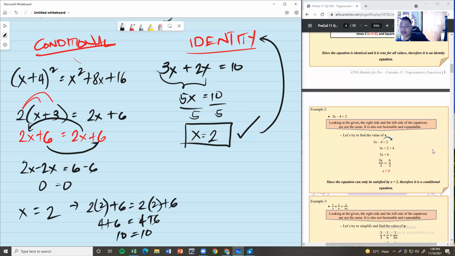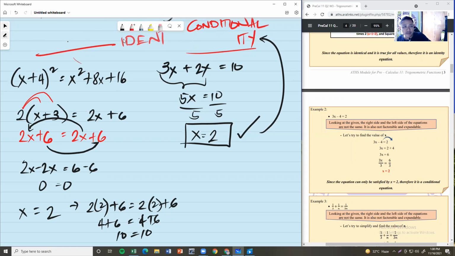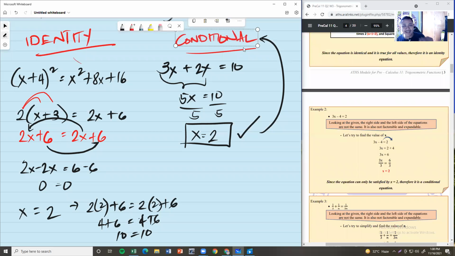Sorry, it was the other way around. Thank you for that correction. Let's reverse it. This one is conditional because there is only one value. And this is identity because both sides are exactly the same. That's the correction, thank you.